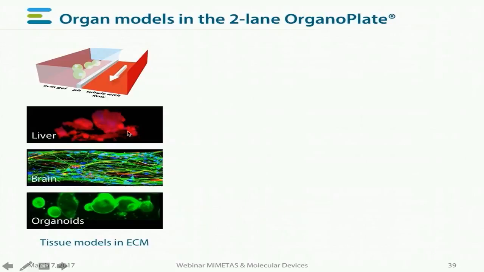We developed liver models based on primary hepatocytes, iPSC-derived hepatocytes, as well as hepatocyte cell lines. I showed you our neuronal models towards brain models, where we can create three-dimensional neuronal networks inside the plate.